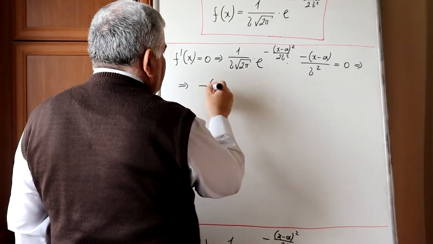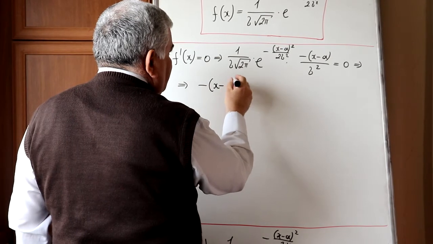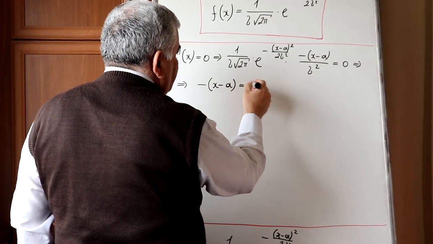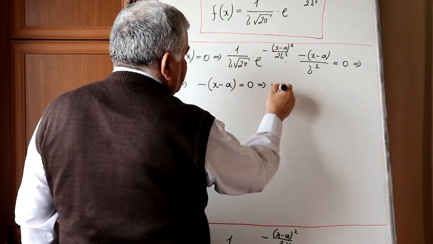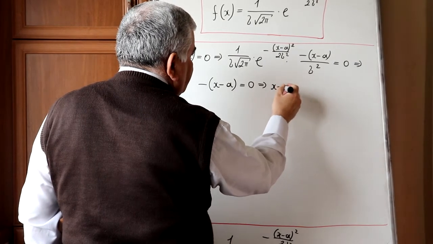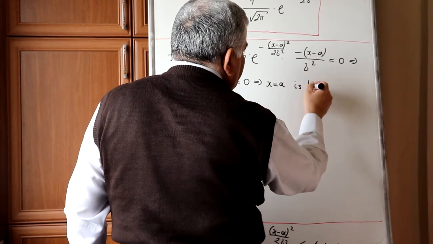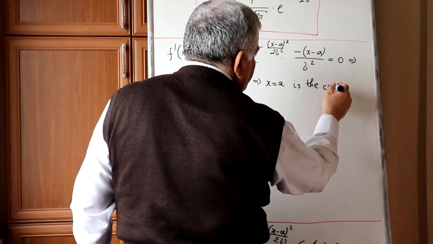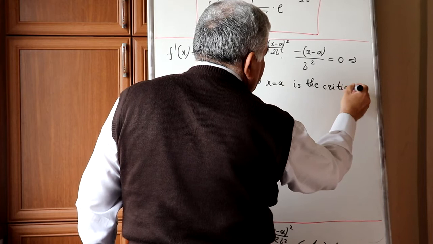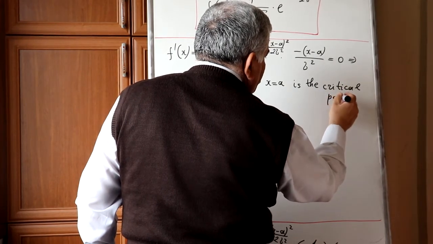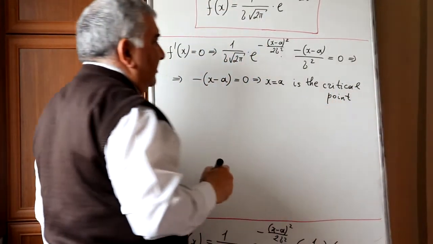Therefore, minus x minus a is 0, then x is equal to a. It is the critical point. We have only one critical point, and it is a.